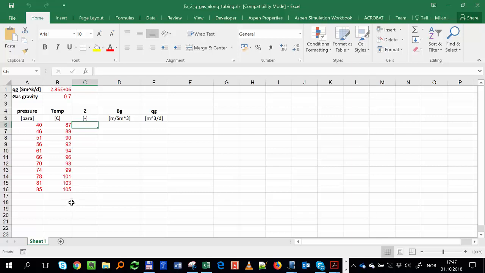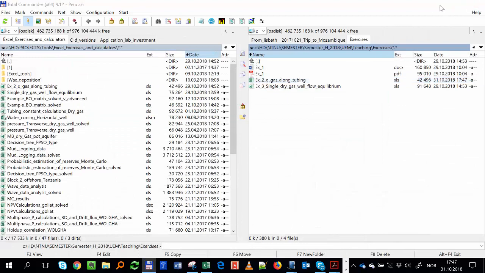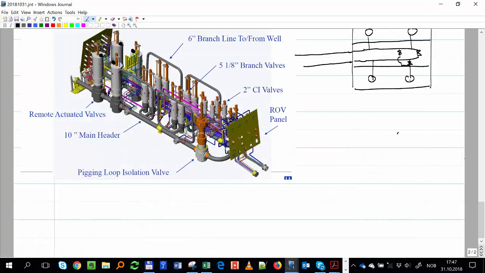How many are we here? Okay, so four groups. That's fine. Here you have to solve this exercise to calculate the rate, and then plot the rate versus pressure and see how it looks. That's exercise 2, and it's okay if you send me just the Excel file.